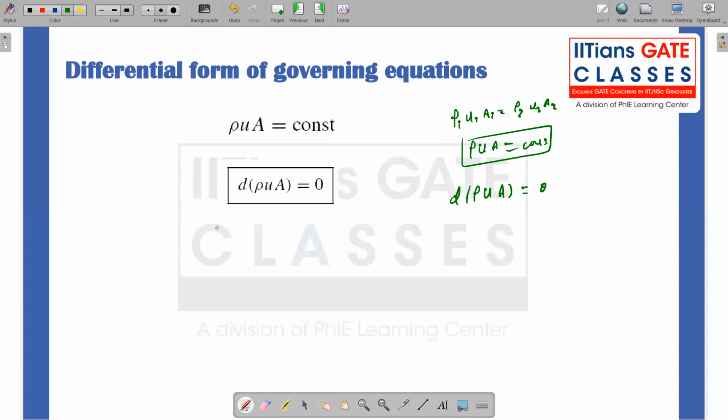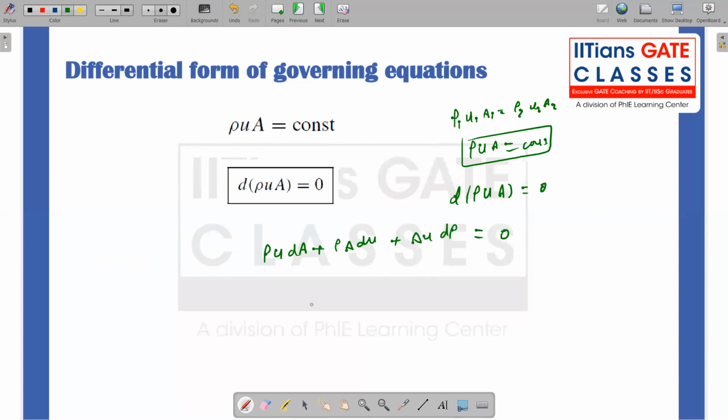I can expand this equation further. It's a variable separation again. So I have rho u dA plus rho A du plus A u d rho equal to 0.